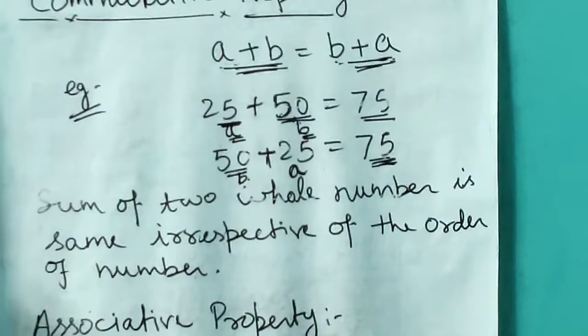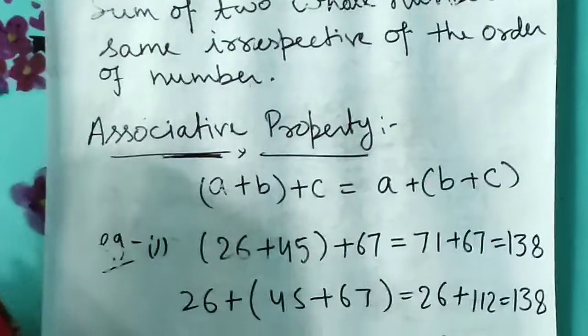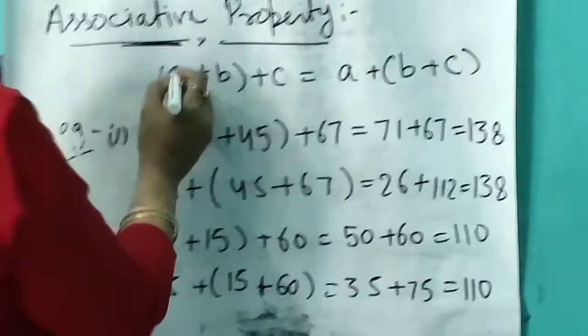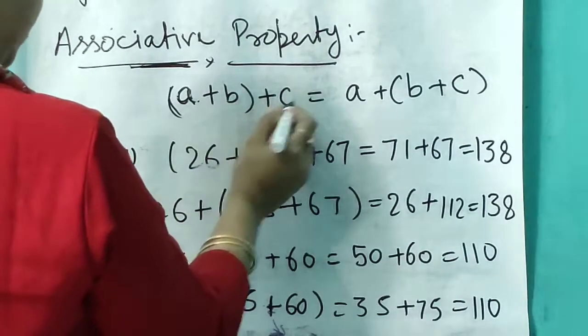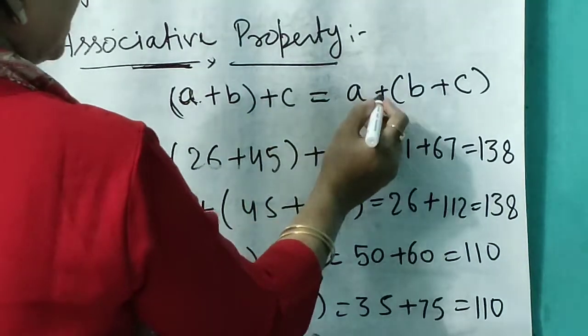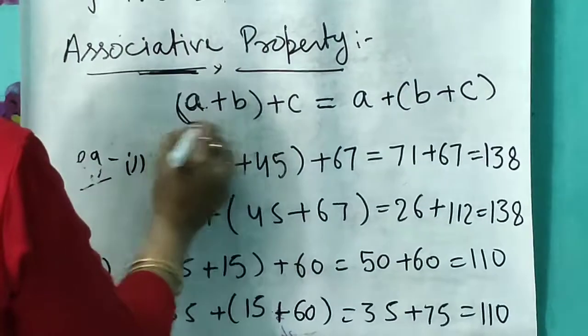Now next is associative property. The third property of addition is associative property. So what is associative property? Associative property says that a plus b plus c is equal to a plus, in the bracket, b plus c. It means you are making a group of a plus b.